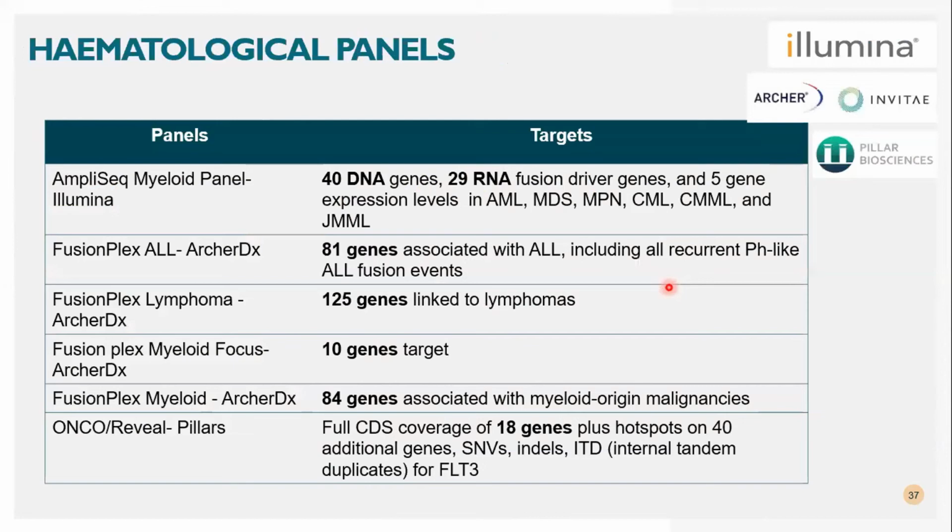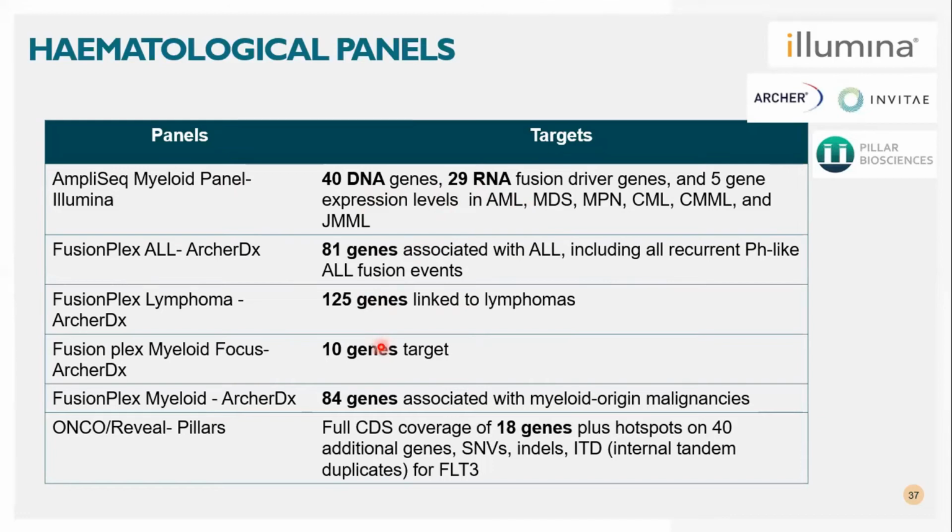There are other hematological panels available. These again come in different configurations like myeloid panel, FusionPlex, ALL, leukemia panel, lymphoma, and LiquidPlex. All have different kinds of biomarkers available in the market, in different packages and numbers of genes. And these can all be utilized on the Illumina sequencing platform.